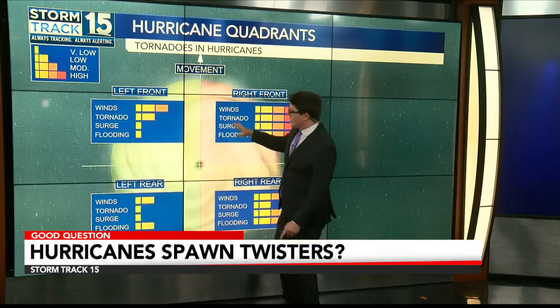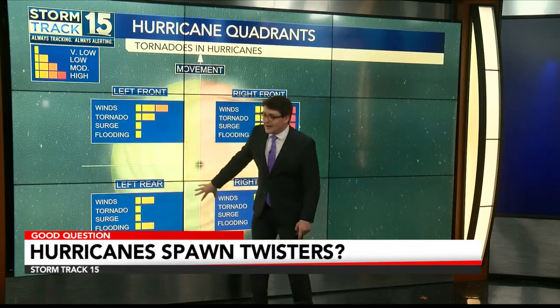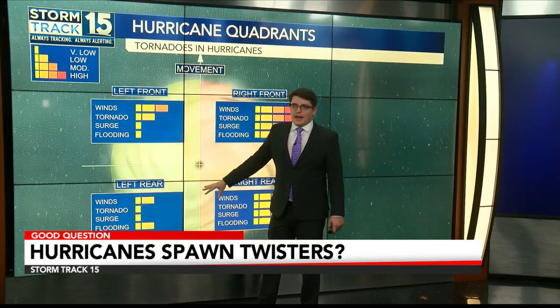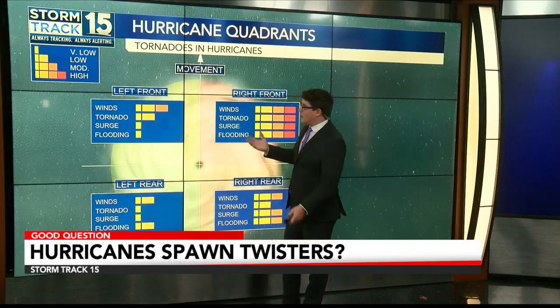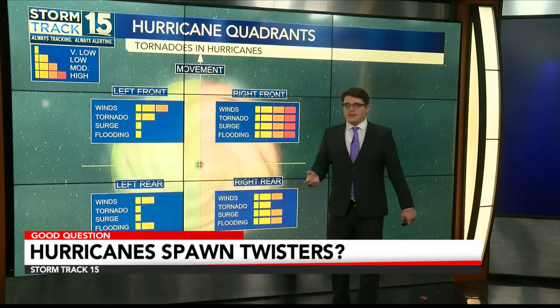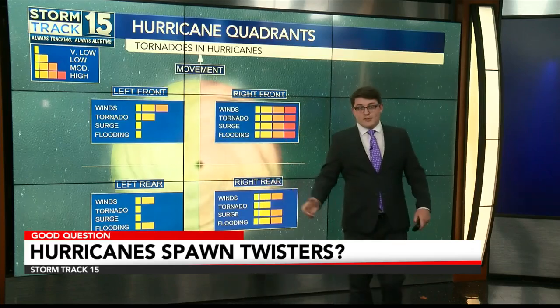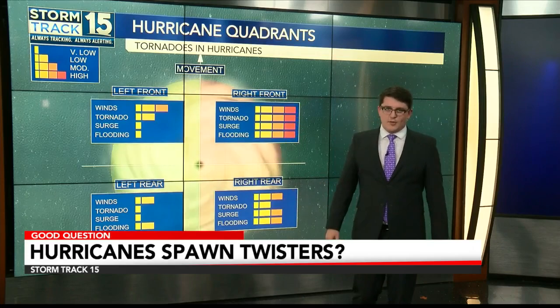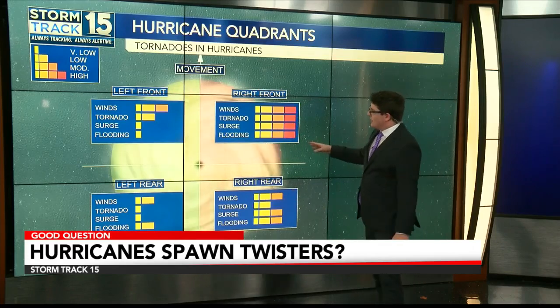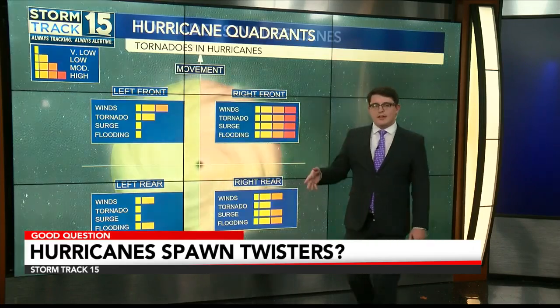But if you look at the left side, you have the rotation going downwards and opposite of the actual storm motion going upwards. So that's going to lead to less impacts on the left side and stronger impacts on the right side, which is exactly why we see more tornadoes forming in the upper right quadrant of the hurricane versus the left side, which is exactly what we saw in Beryl.